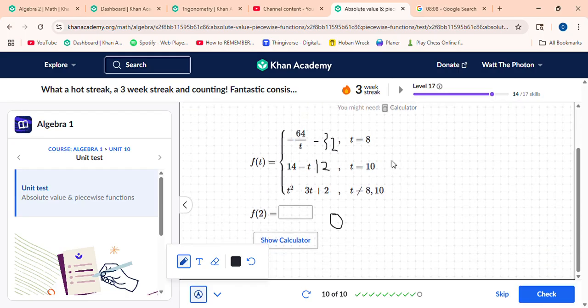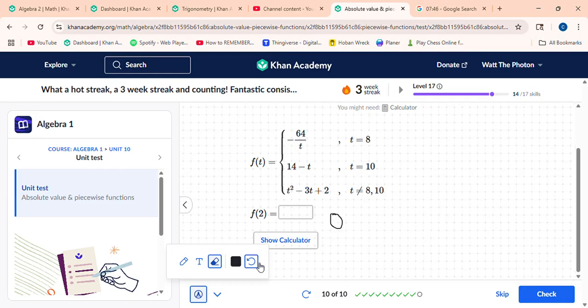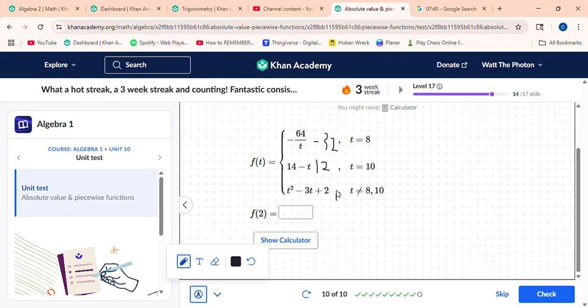That's 520. I'm having trouble reading the graph itself. Let's see. F of 2, you get 0, 0, 0. There we go. That's good enough. Too conscientious for this.